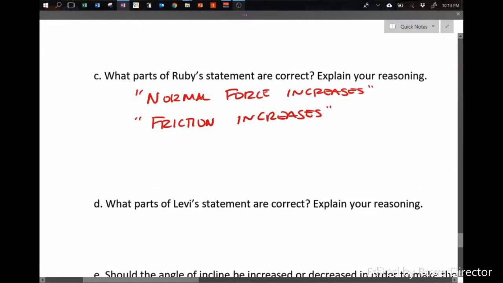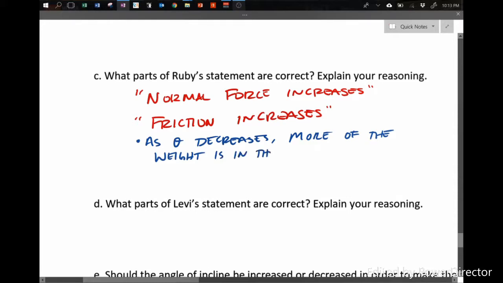Let's write that down. As theta decreases, more of the weight is in the direction of the normal force, increasing the normal force.